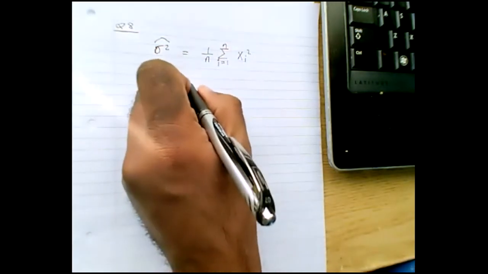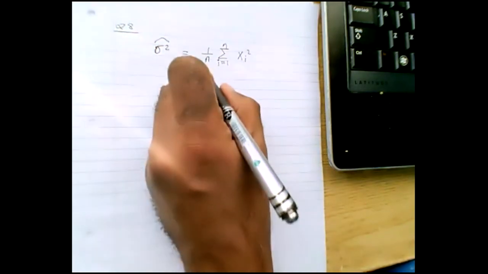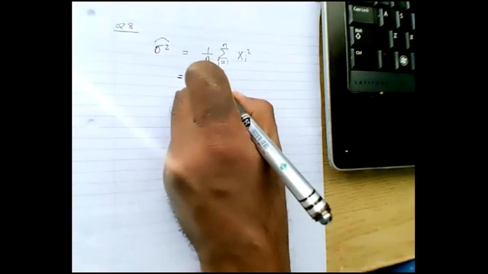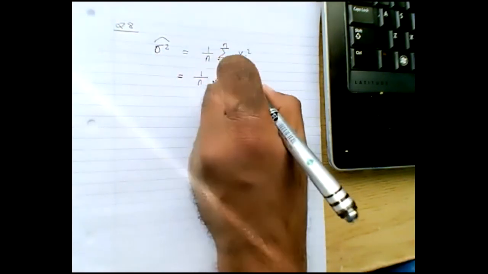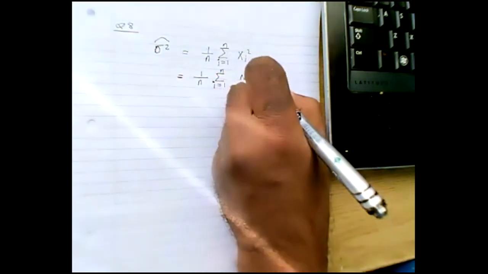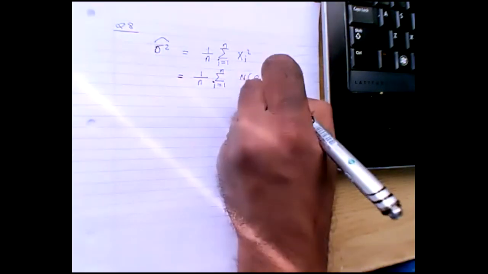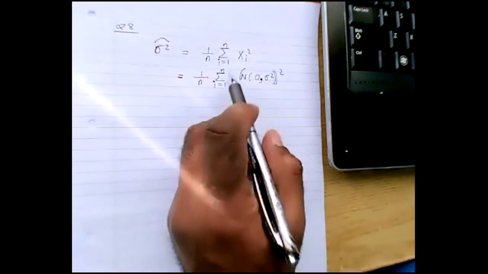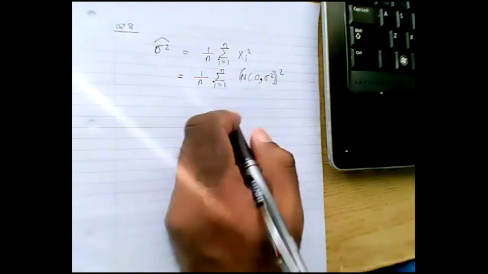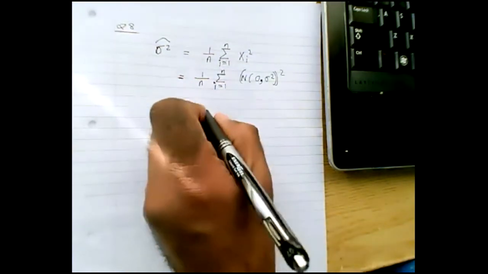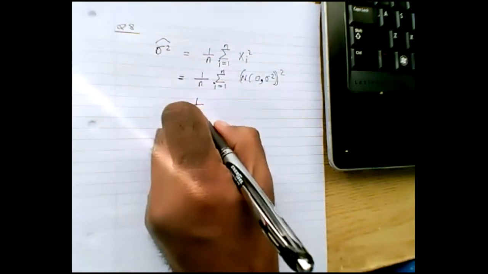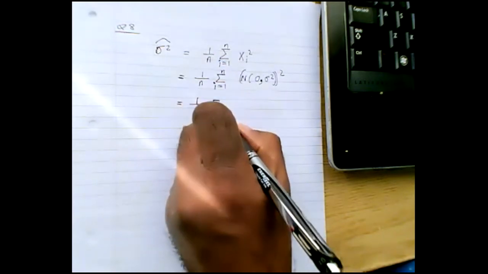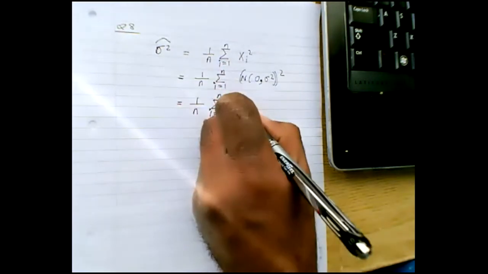We are told that xi is normal with mean 0 and variance sigma squared. So I'm replacing xi by this normal variable. Now the next thing I'm going to do is the following.